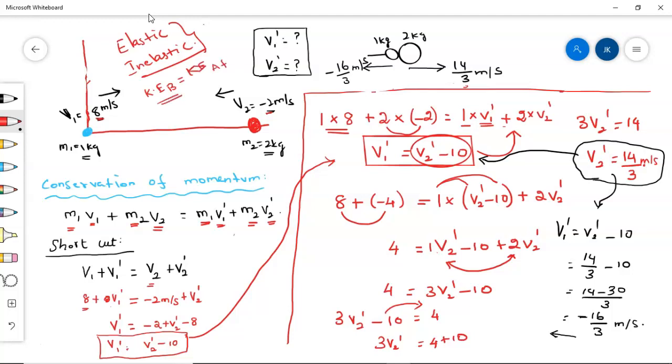We have to find it for both objects, which means the kinetic energy of the first, half mv squared, plus the kinetic energy of the second object before collision, then the kinetic energy of the first object after collision plus the kinetic energy of the second object after collision. So you add the right and left sides. If both sides are equal, then it is elastic. If it is not equal, inelastic.